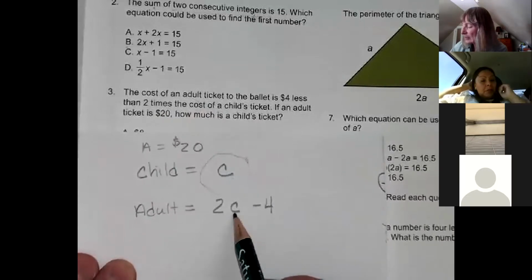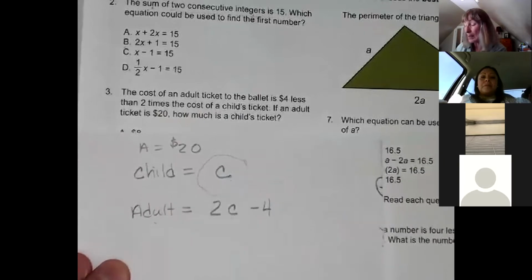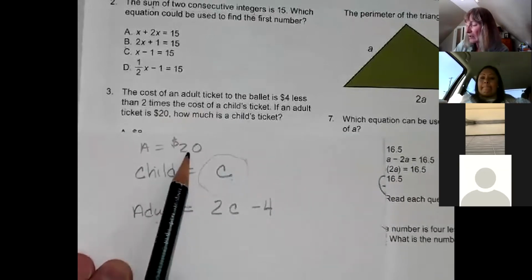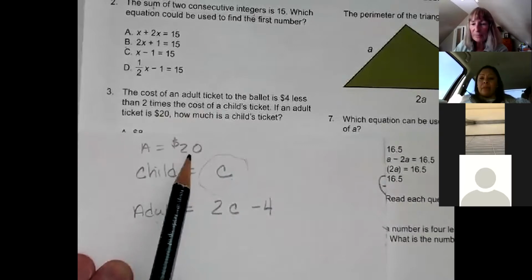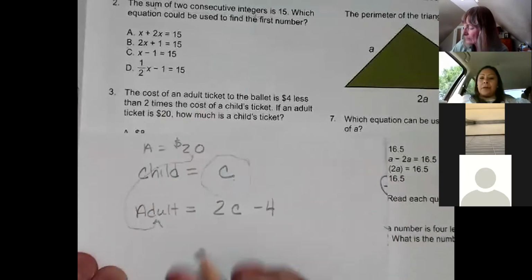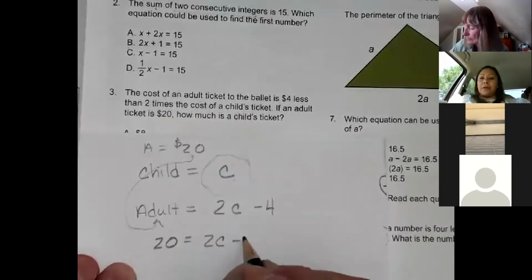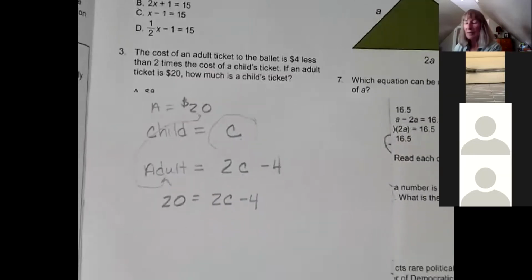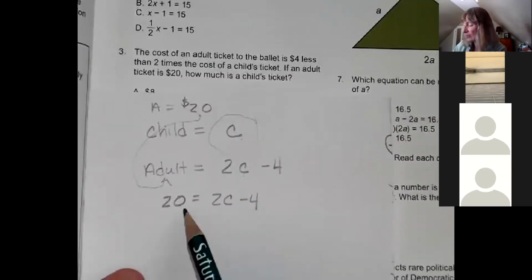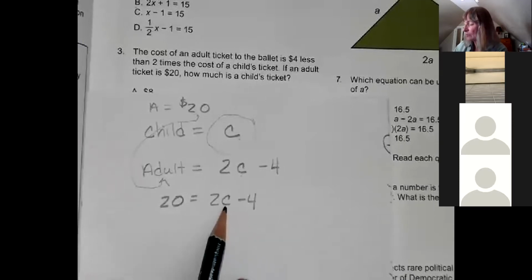Two times the child's ticket less $4, and that should be the adult. But it also told us the adult is 20. So I can fill that number in right there. And now I have a 2-step equation that I can solve really easily for the price of this child's ticket.